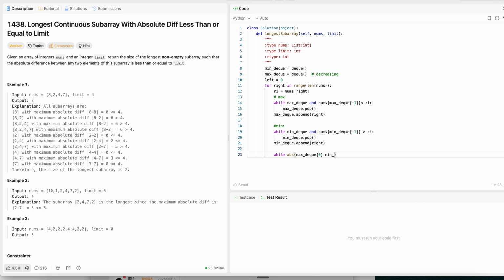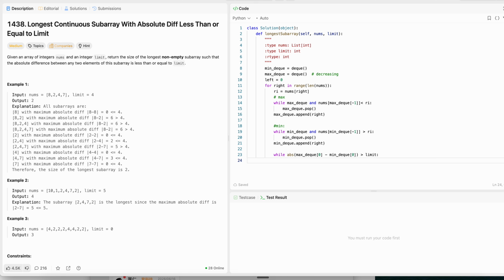Min is min deque 0. Compared. We get the absolute value and check if it is larger than the limit. If it is larger than the limit, that means we need to shrink.